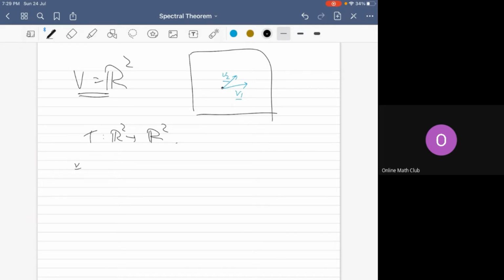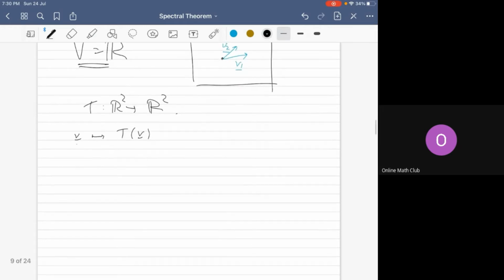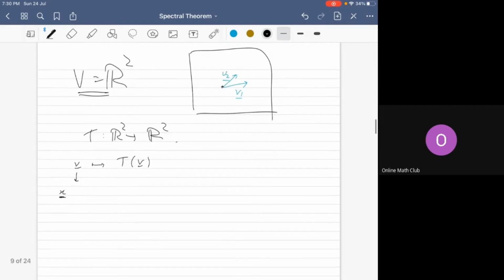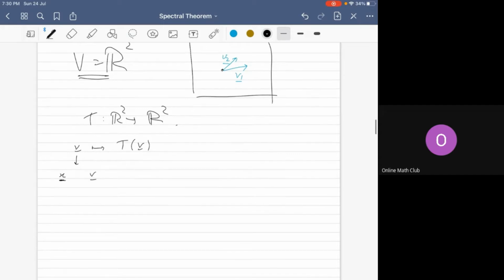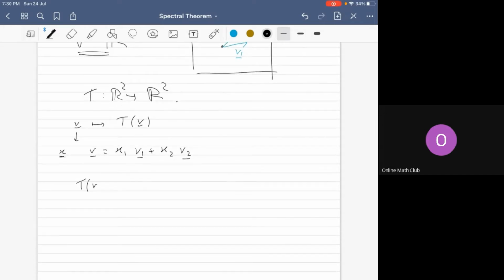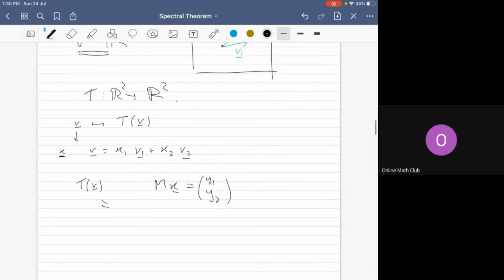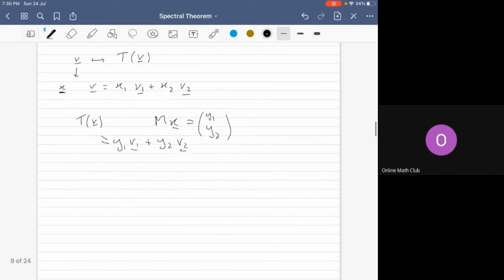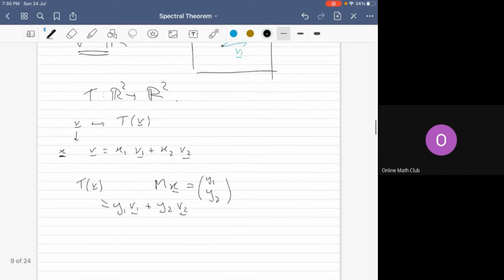If T sends V to TV, and V is the coordinate vector x, which means that V is x1 v1 plus x2 v2, then TV is given by the coordinate vector mx, which means that if mx is y1 y2, then TV is y1 v1 plus y2 v2.